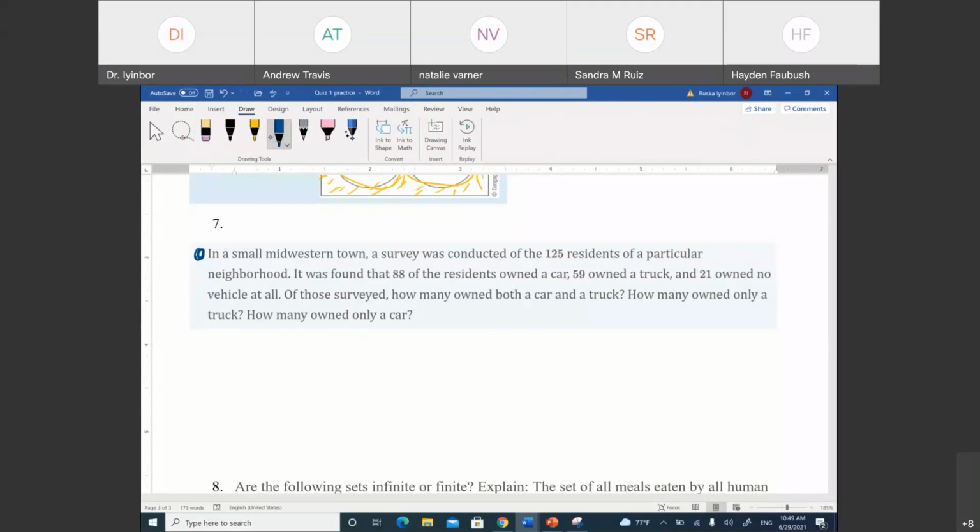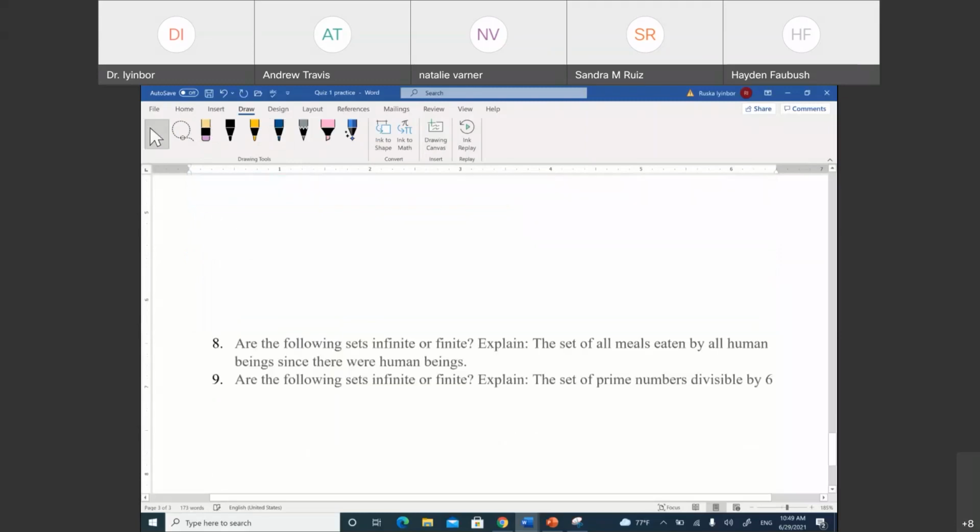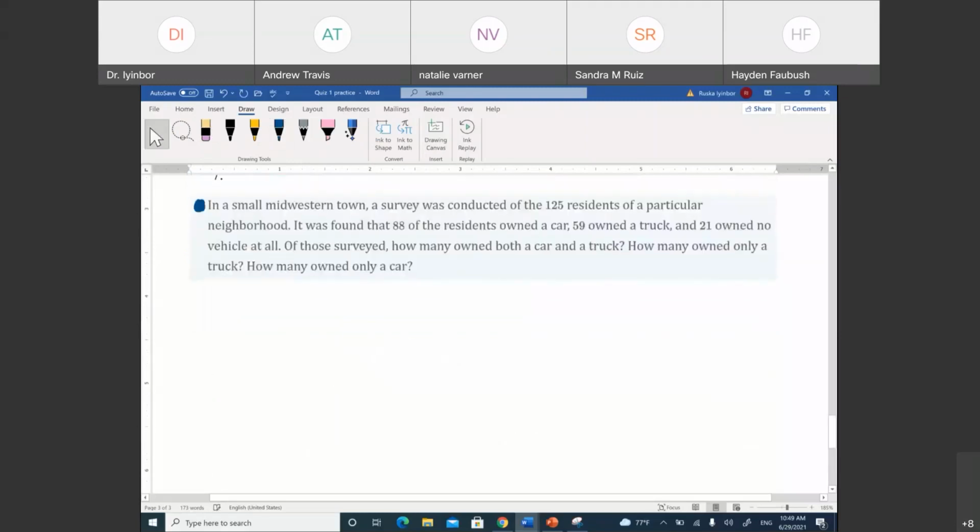This is number 2 from the book. In a small Midwestern town, a survey. So this is a survey question, something like we did on the slides. A survey was conducted of the 125 residents. So this is the total number of people in the neighborhood, so the universal is going to be 125, right?